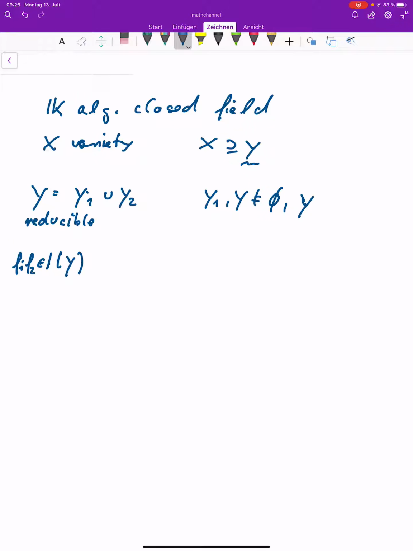So this is an element in I of Y. In other words, this product of polynomials vanishes on the subvariety Y. So this is what we assume.